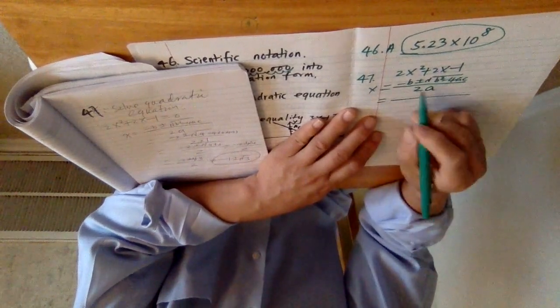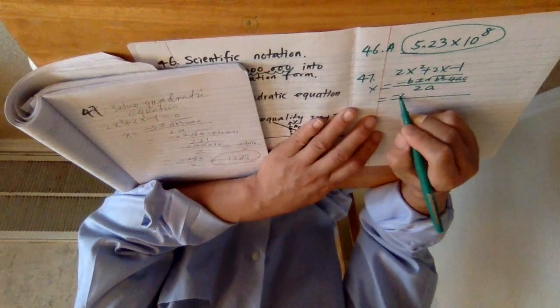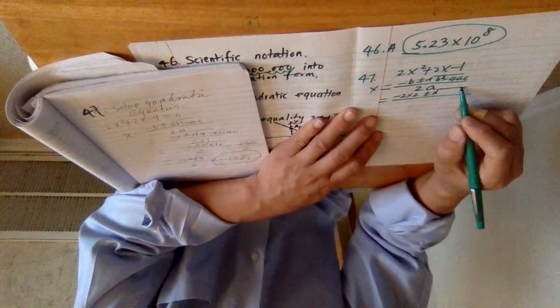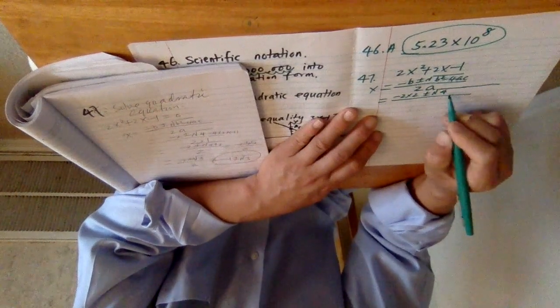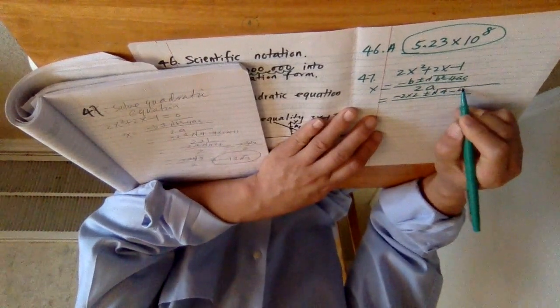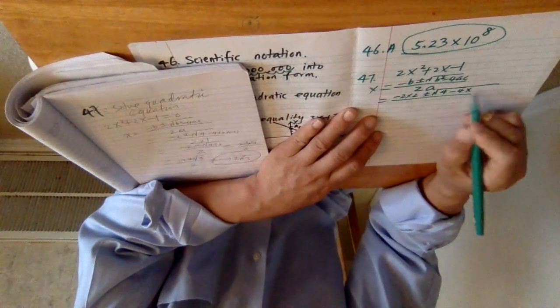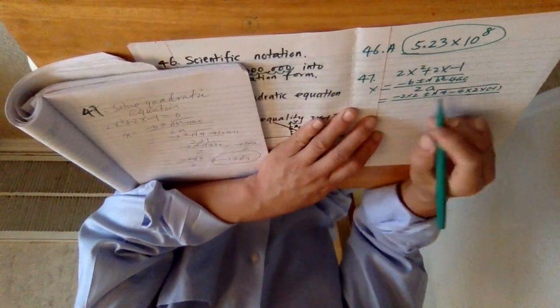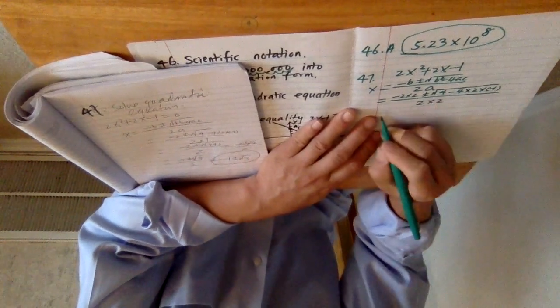So b for this case is 2, so negative 2, plus or minus b squared which is 4, minus 4 times a times c, which is 2 times negative 1, divided by 2 times 2.